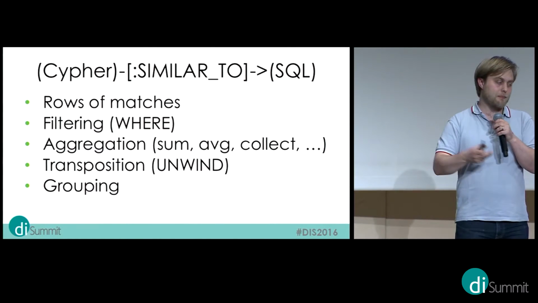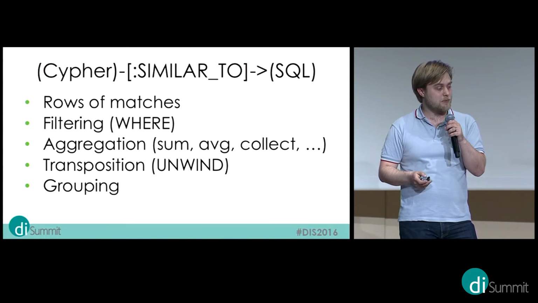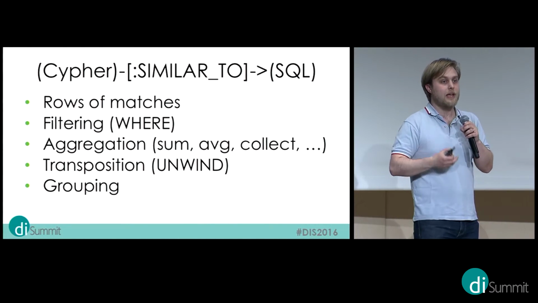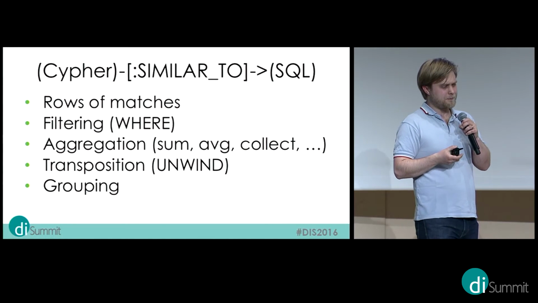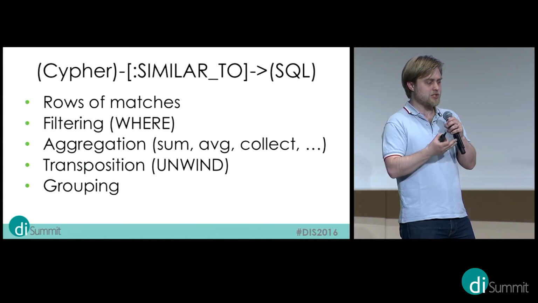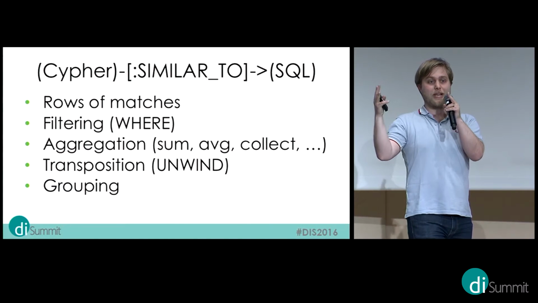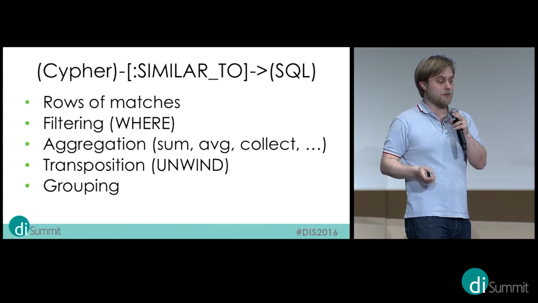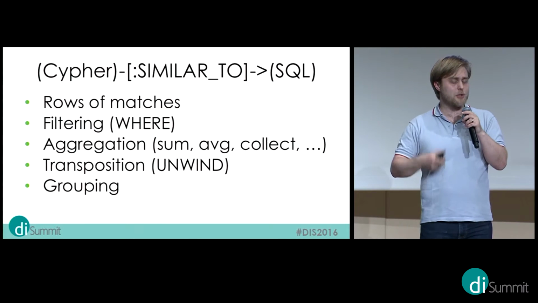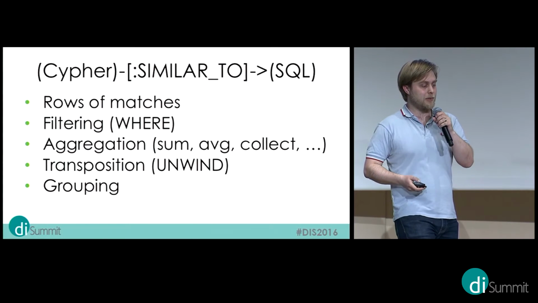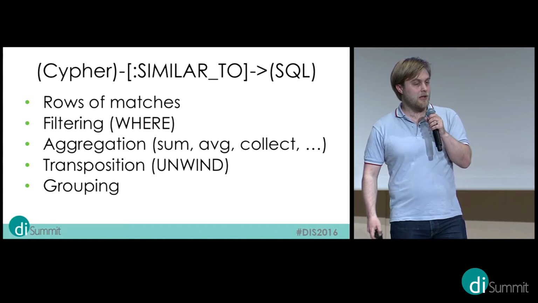The where clause looks pretty similar to the way it does in SQL. You got aggregation that you know and love from SQL. You got sums and averages, and something that's special for Cypher, I think, which is collect, which transposes the data from rows into a collection, a list of the elements that were collected. And you can transpose that back and take a collection and turn it into rows again by the unwind clause.